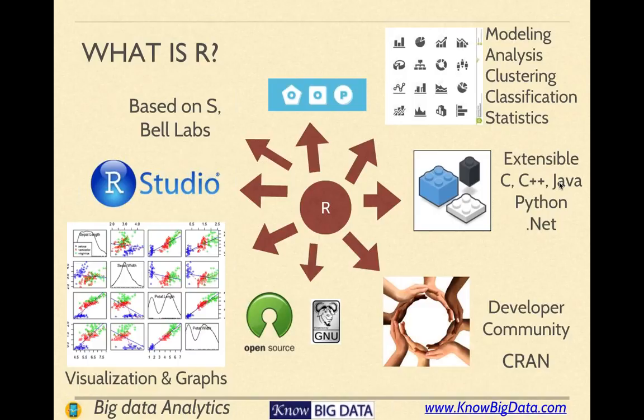A very common question people ask me quite often is, what does it mean by data science? So data science and data analytics overlap a lot. Data science also includes interesting ways of presenting the data.